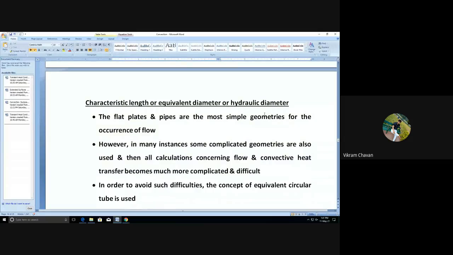In that, write down: the flat plates and pipes are the most simple geometries for the occurrence of flow.